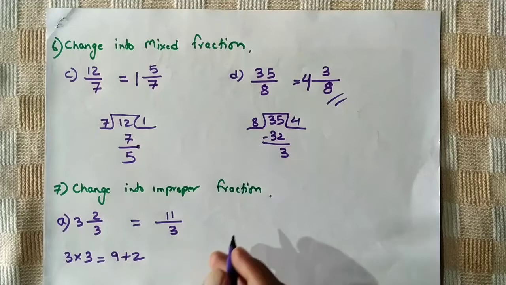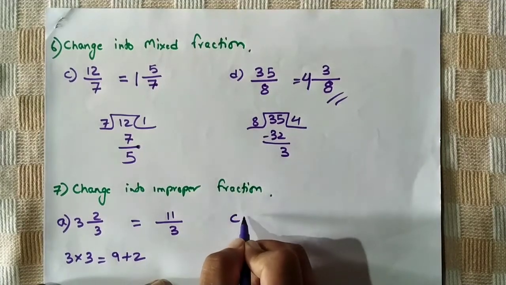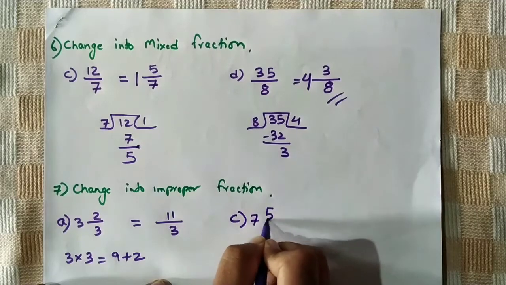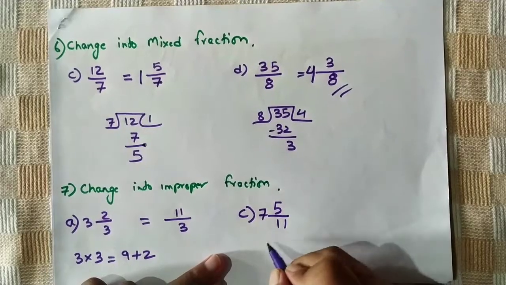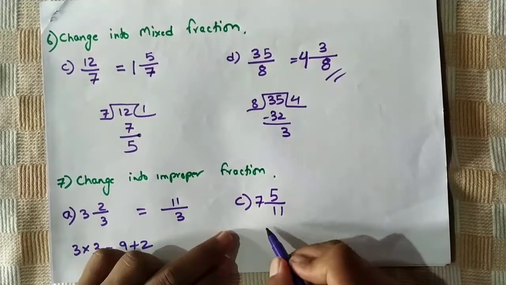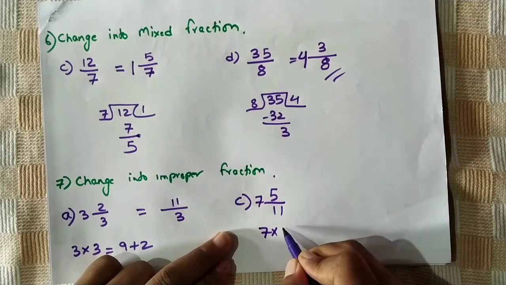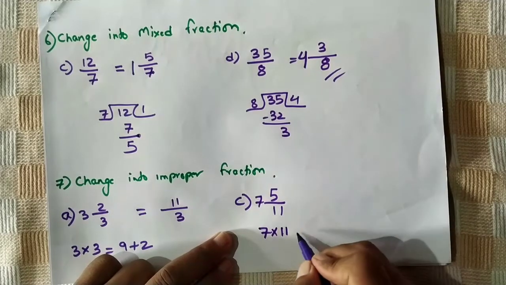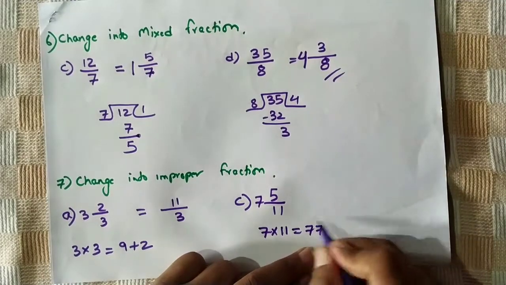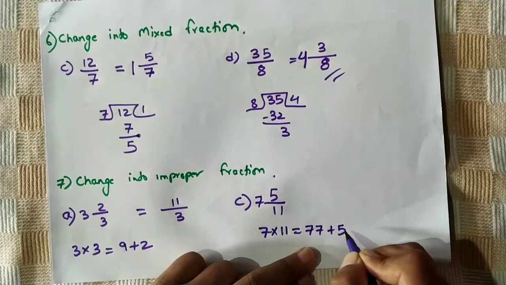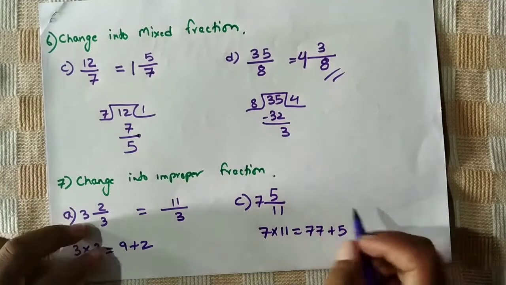Okay. So another one is, let's take number C, 7 whole 5 by 11. Multiply 7 and 11 and add it with 5. 7 into 11 equals to 77, and we'll have to add this with 5. 77, 78, 79, 80, 81, 82.